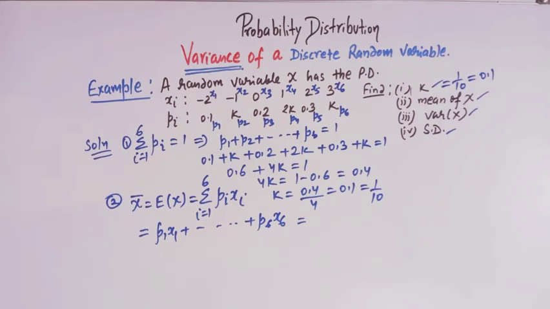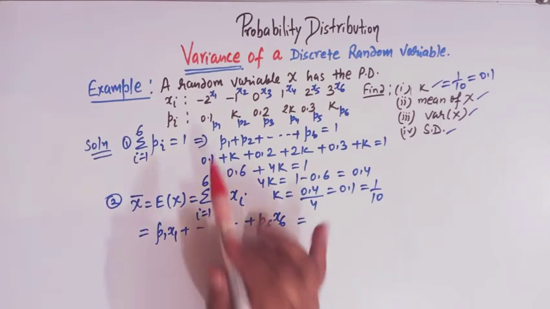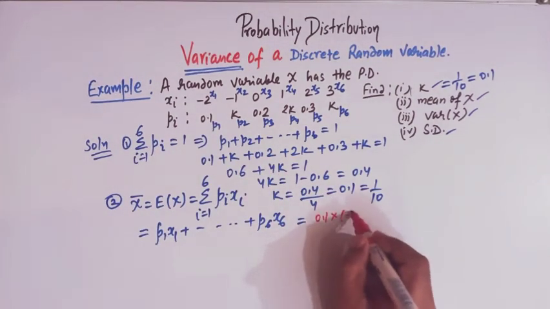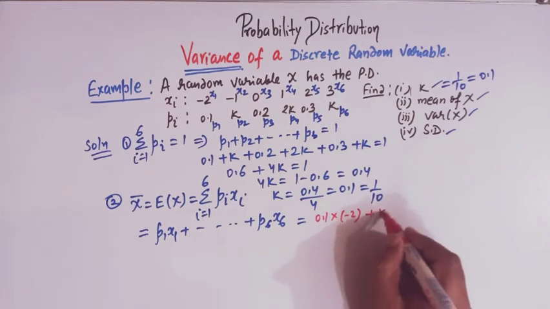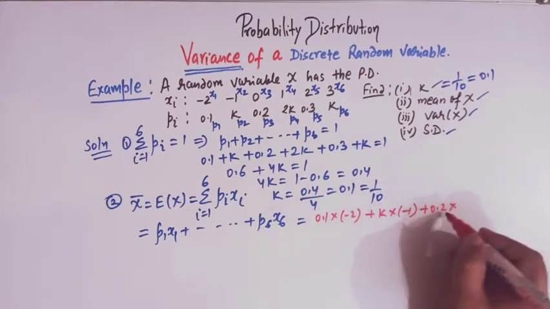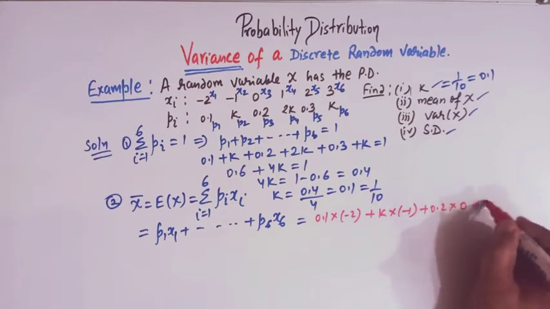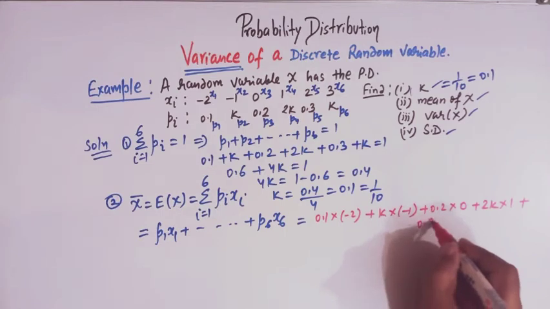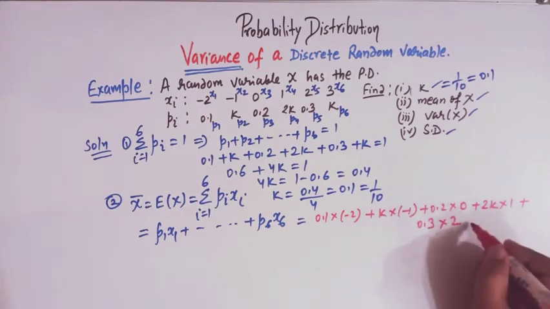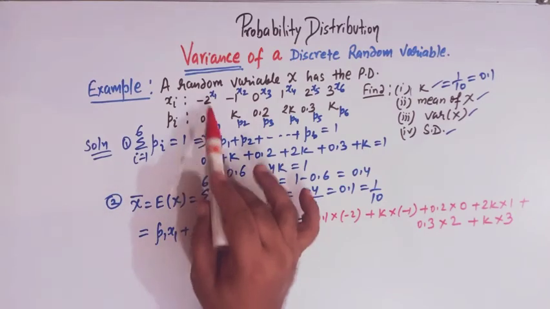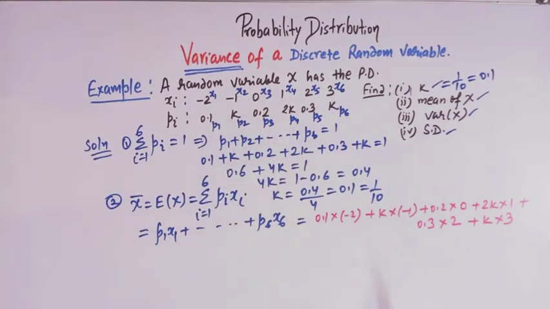Now we can write p1 x1 as 0.1 multiplied by minus 2. Then we have k times minus 1, 0.2 times 0, then 2k multiplied by 1, plus 0.3 multiplied by 2, and then k times 3, right? So p1 x1, p2 x2, and so on.